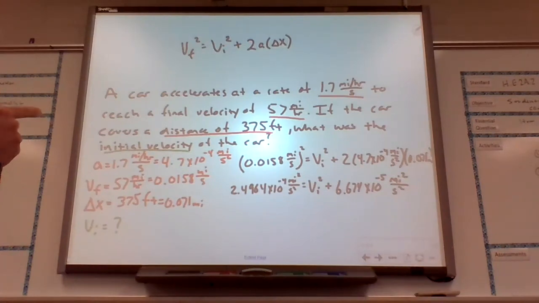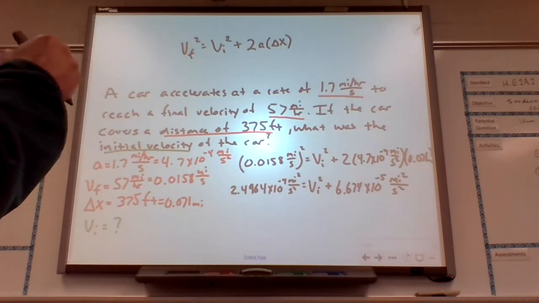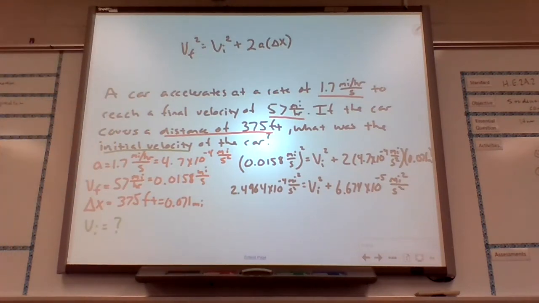Now I'm going to subtract 6.674 times 10 to the negative 5 from both sides. So 2.4964 times 10 to the negative 4 minus 6.674 times 10 to the negative 5.